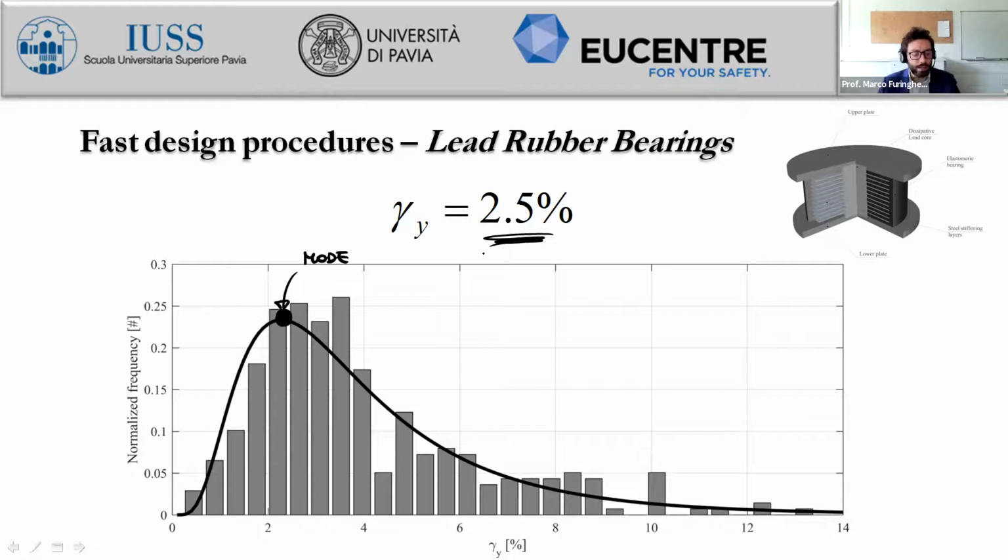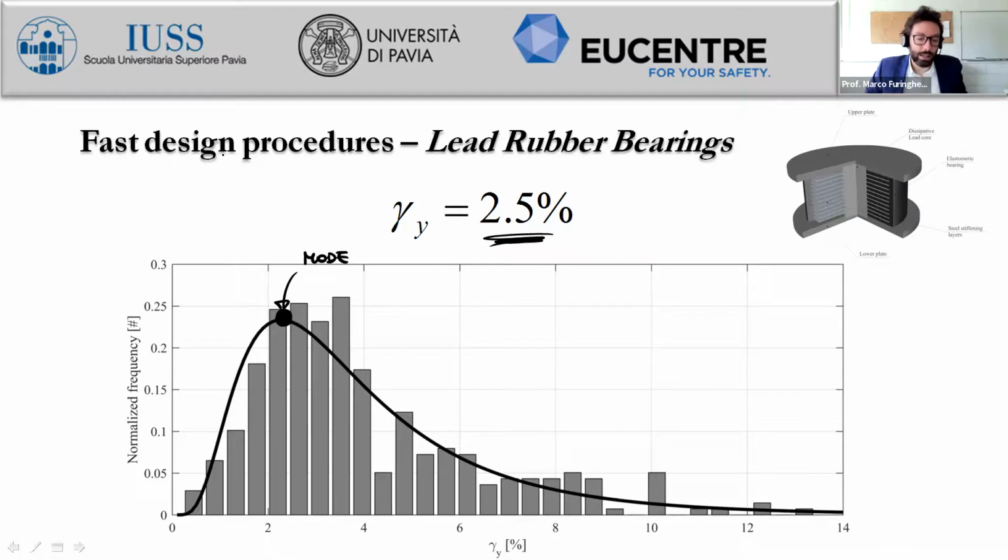And I also considered it for bridges. I can ensure that this parameter, the yielding shear strain, does not provide a significant difference if you consider it as a random variable. So if you change that number, you don't actually get a significant difference with respect to the mode. Just because 2.5% is already a very small value with respect to the maximum deformation, which is 100%.